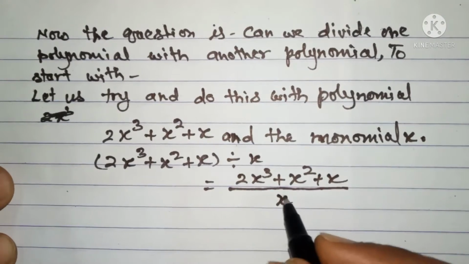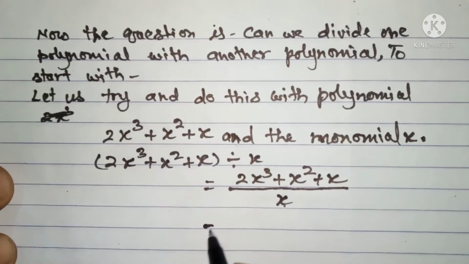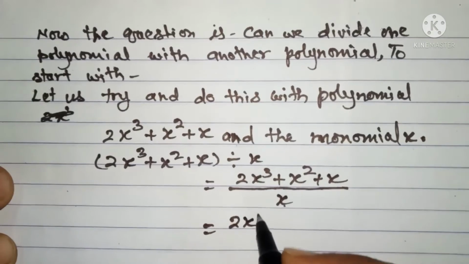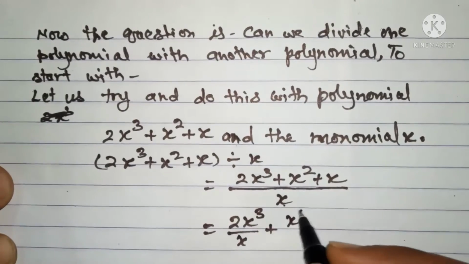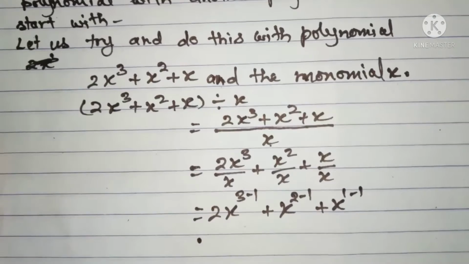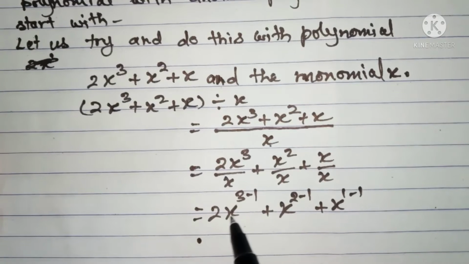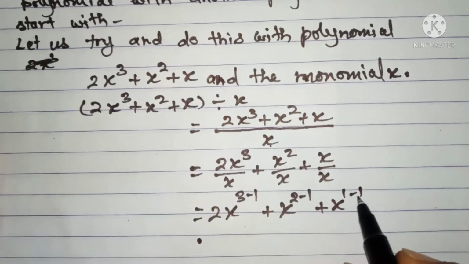Here x is common to these three terms, so it can be written as 2x to the power 3 upon x plus x square upon x plus x upon x. It can be written as 2x to the power 3 minus 1 plus x to the power 2 minus 1 plus x to the power 1 minus 1.